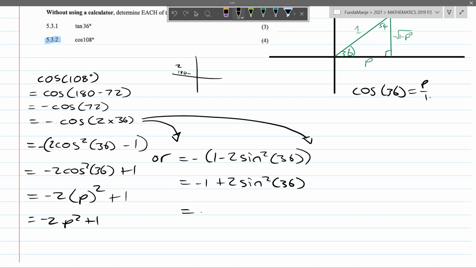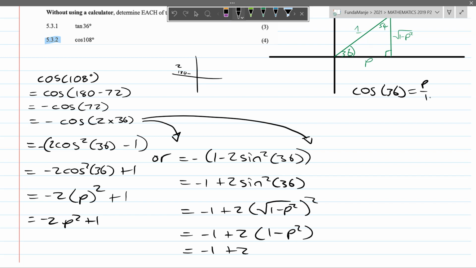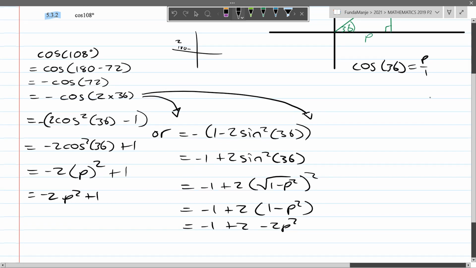Then sine 36, we also know what that value is, so we put that in as the root of 1 minus p squared, and then we square that, and then this becomes minus 1 plus 2 in brackets 1 minus p squared, and then you can multiply the 2 inside. This will be minus 1 plus 2 minus 2p squared, and then this simplifies to the same thing, which is minus 2p squared plus 1.